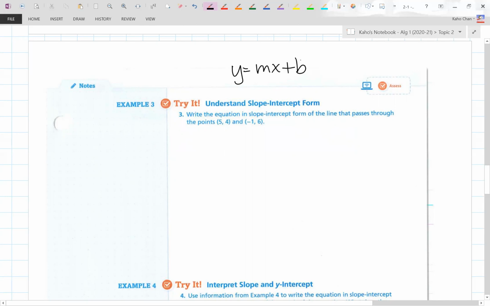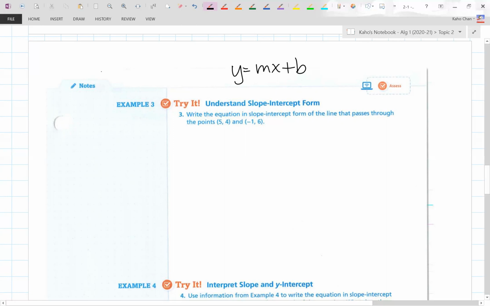Sometimes they don't give you the y-intercept. You have to figure that out yourself. Now, I'm about to help you out here. The third example asks, write the equation in slope-intercept form of the line that passes through the points (5, 4) and (-1, 6).